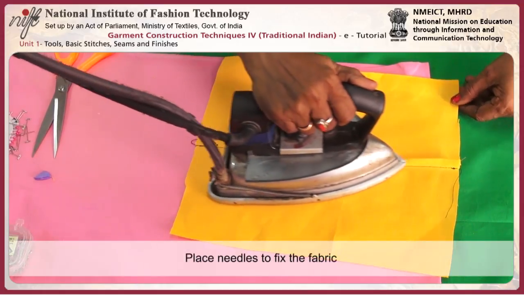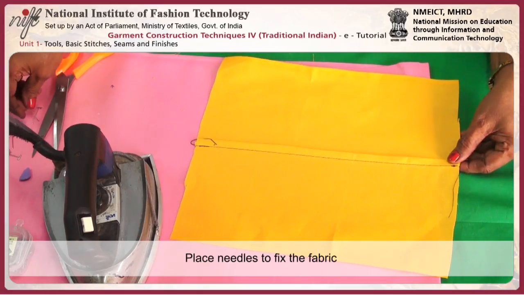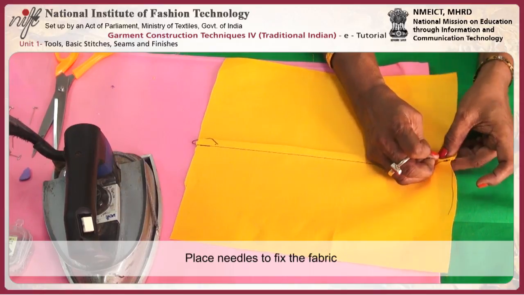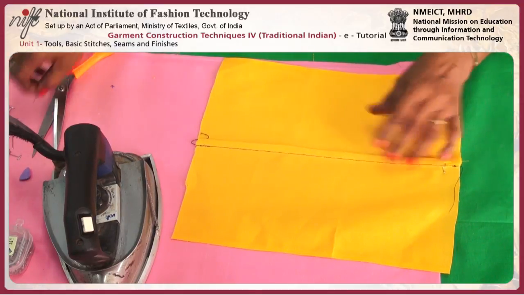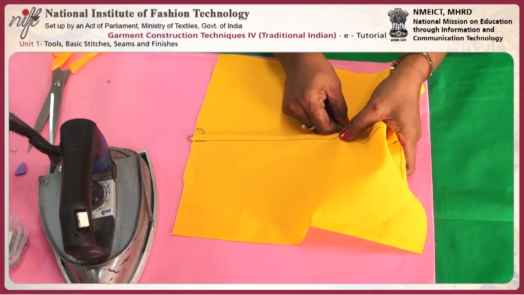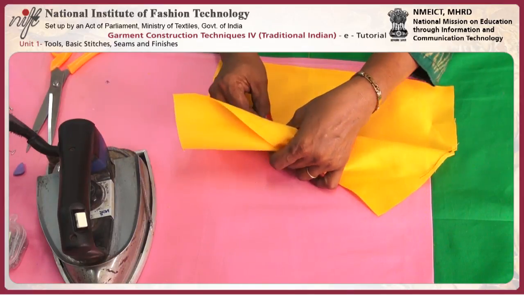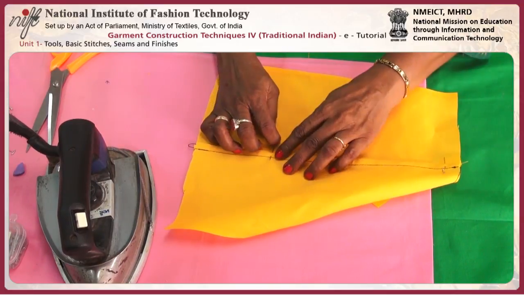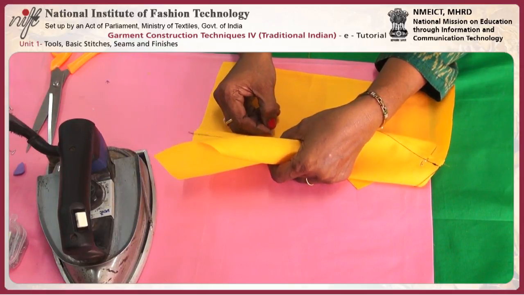You have to do the press again, and in order to fix, you can place the needle. You should not place the needle by puckering.